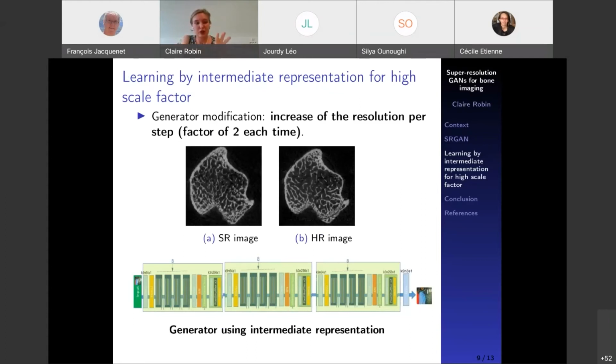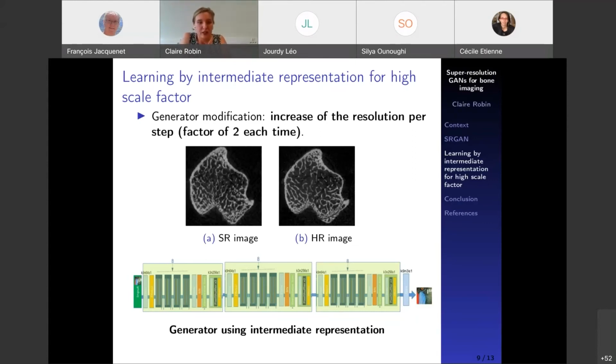Since the residual blocks learn only on the features of low resolution and are only used to improve the resolution by 2, we do that again. So we have feature maps on each stack of residual blocks which are already specialized for only one jump of resolution.